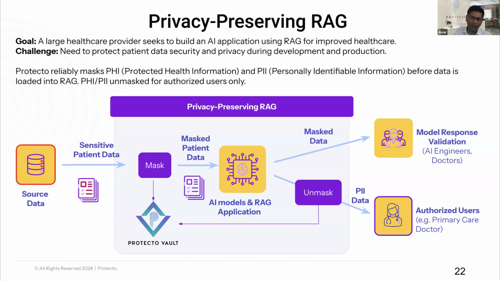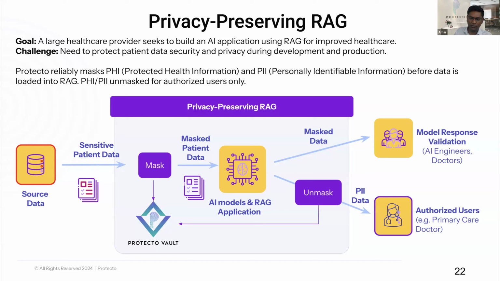The people who are validating shouldn't look at the full unmasked data of the patient, right? It would be a big privacy violation. Somebody's name, their SSN, everything visible to the testers and validators. That's a big no-no.